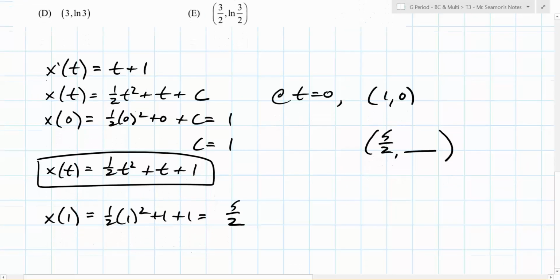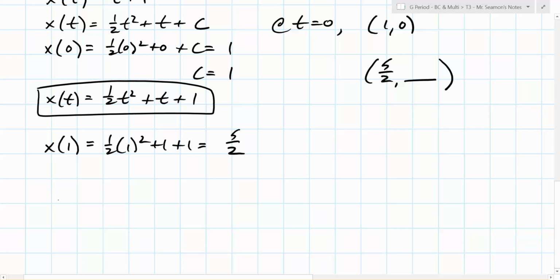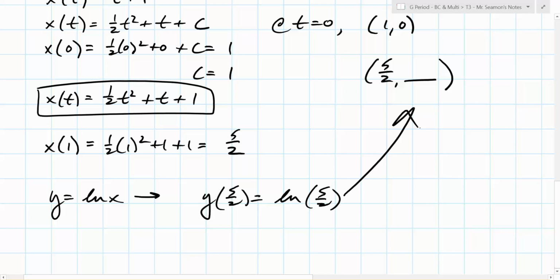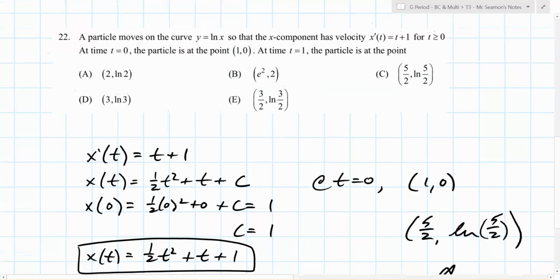Oh wait, how do you find out what the y coordinate is? Yeah, we know y is equal to ln x. So therefore, y when x is 5/2 is ln of 5/2. So ln of 5/2. Is that one of the answers?